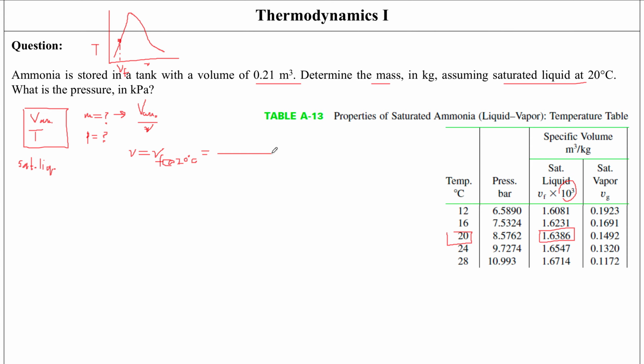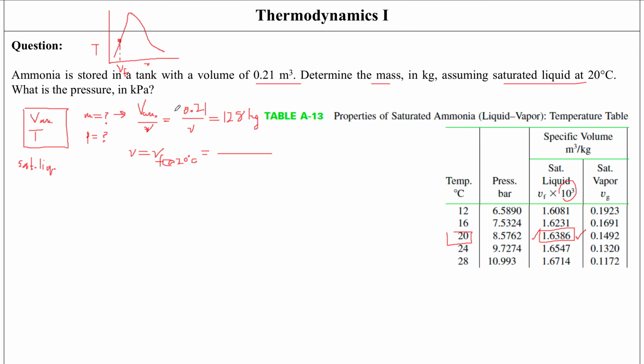And because I've got the volume given to me, I can go ahead and plug it in here, which is going to be 0.21 divided by this value, and that way I'm going to find the mass, and it's going to come out to around 128 kilogram. Okay, simple enough.